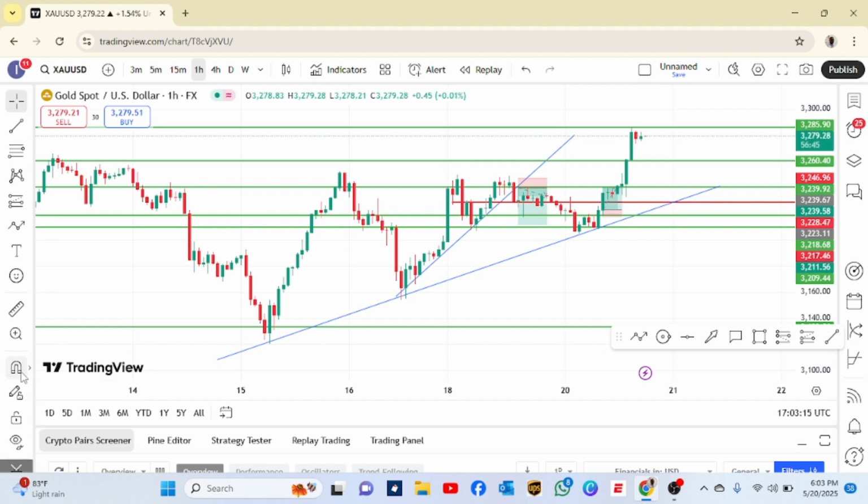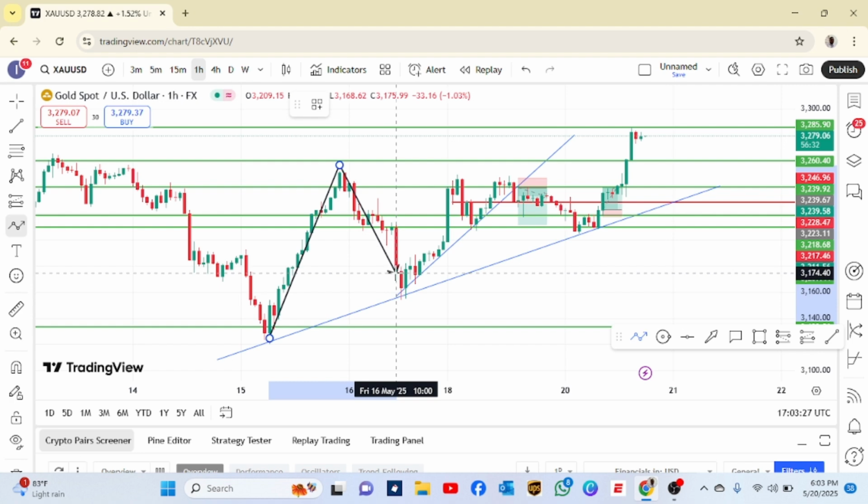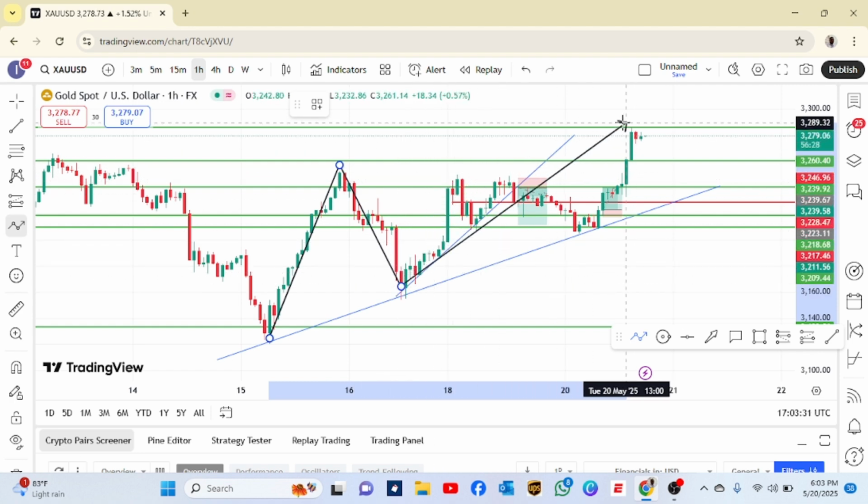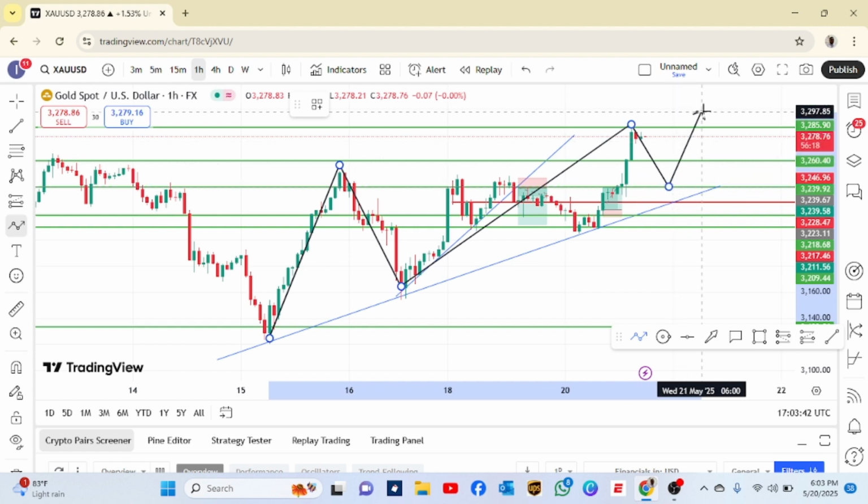You can see that the market is giving us a higher high, let's say a low, a higher high right now, higher low, and then another higher high right now. So the one that is right here is a higher high. So we're expecting a potential low to this area and then boom to the upside, right?